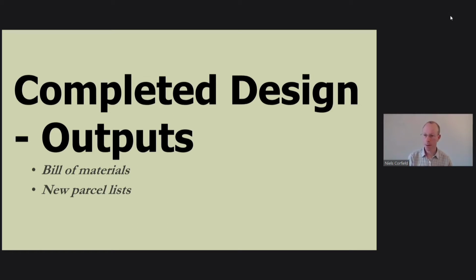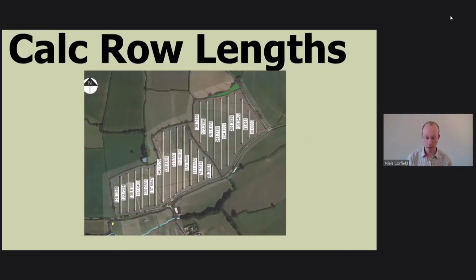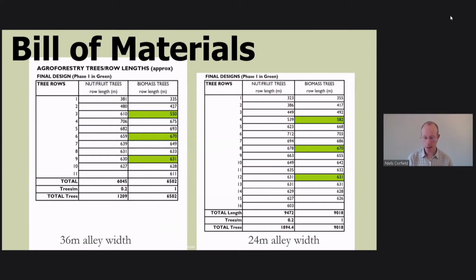So at the end of this, we should produce a bill of materials, and that is based on the individual row lengths. Getting a calculation from that, and then getting a total from those.